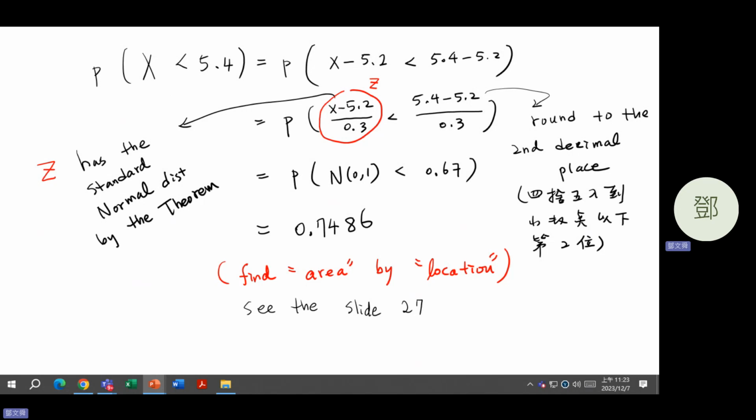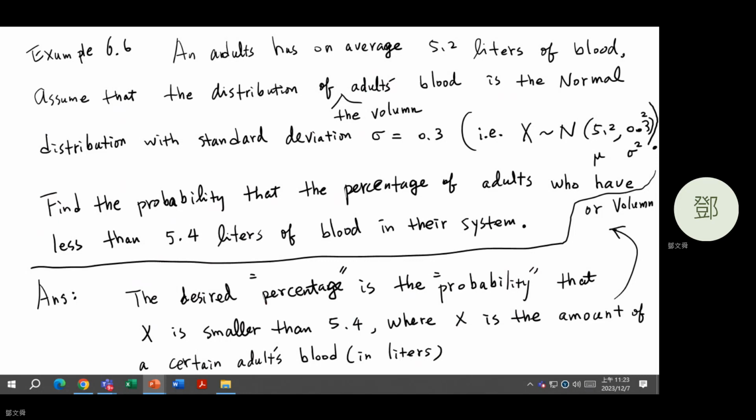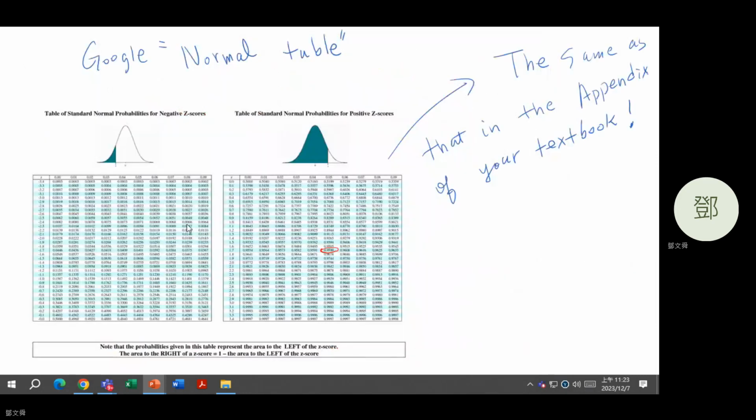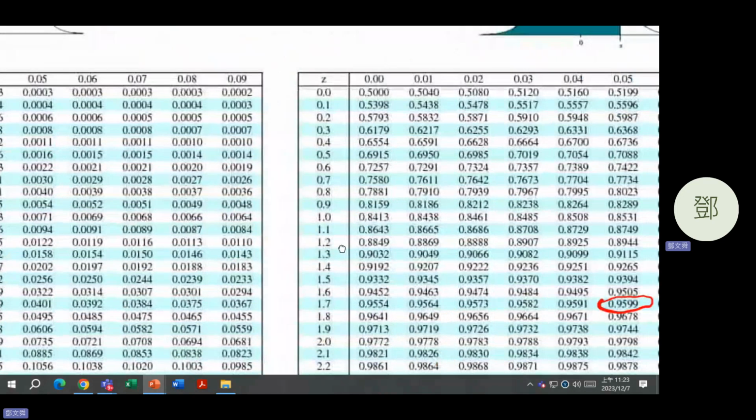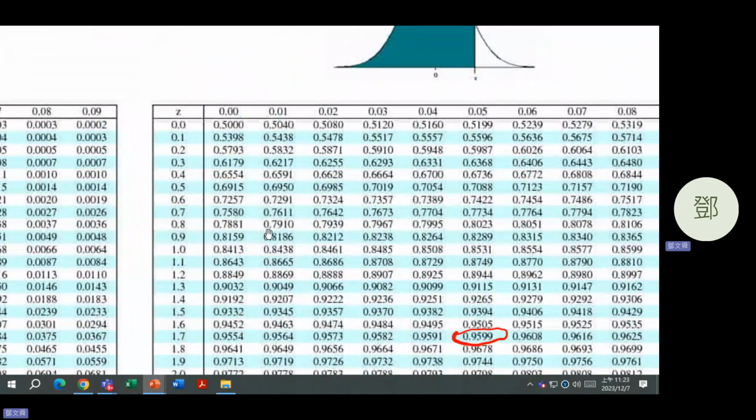Now let us go to the table and look for the leftmost column with the cell 0.6. Please go to the table here. Where is the value 0.6?